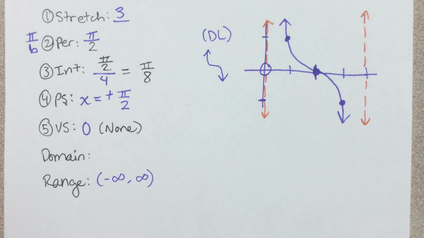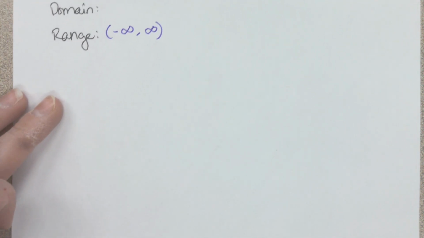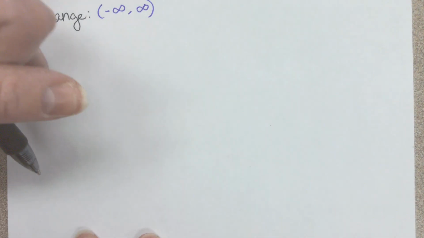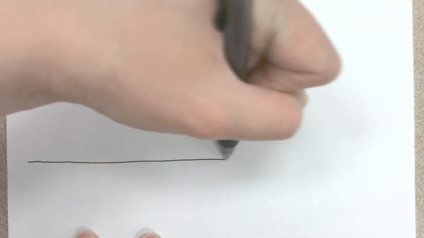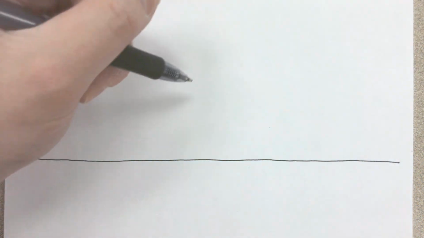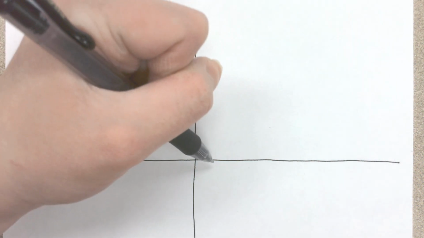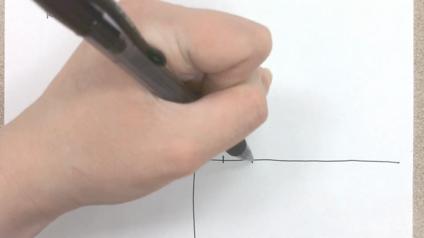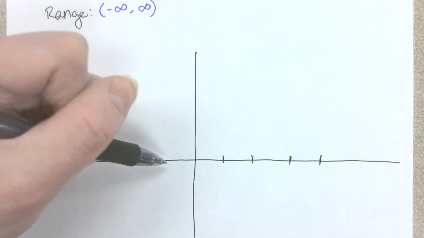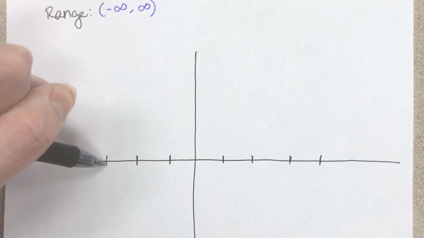Questions on the information? Now the graph, again, give yourself some space left and right just in case. Four intervals left and right.